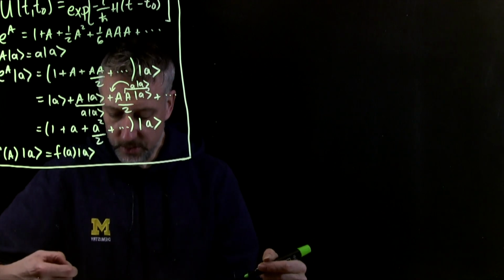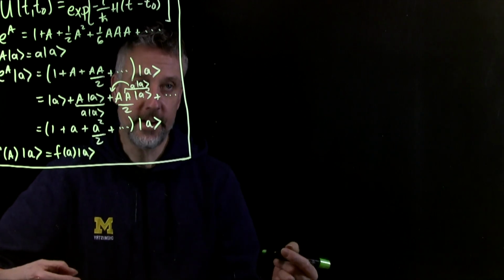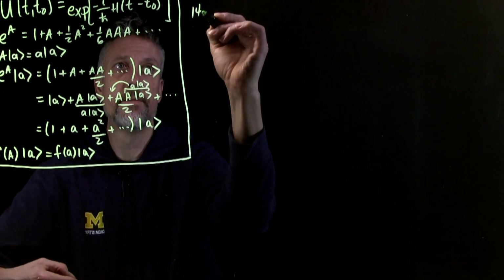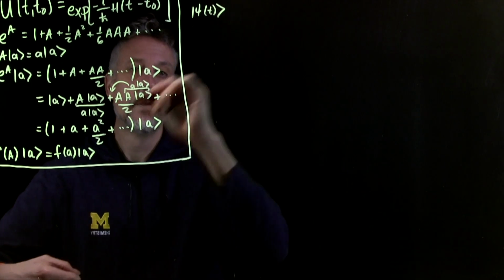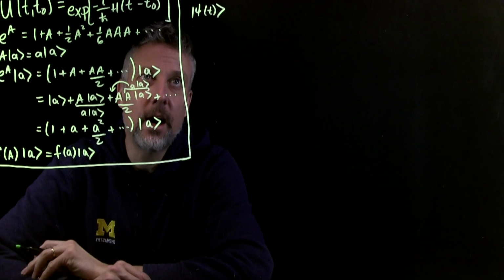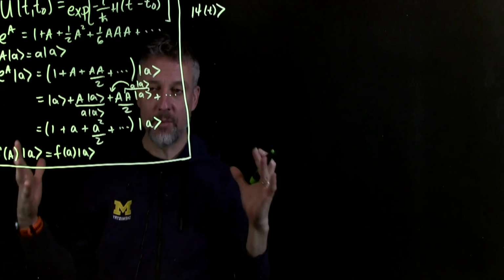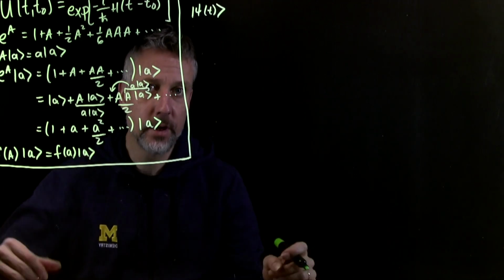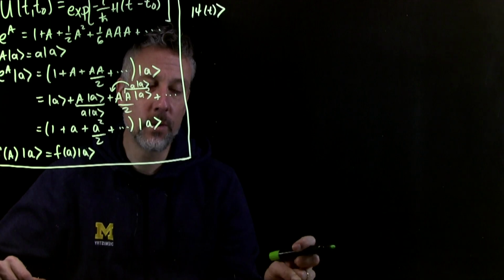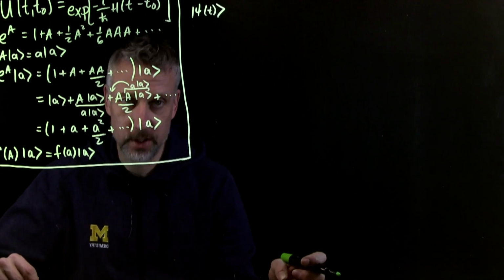Okay, so what we're going to do now is consider any state, psi of t, and ask about the expectation value of an operator as a function of time. This is a very natural thing to do. If operators correspond to things we can measure, then wouldn't you like to know what the expectation value is as a function of time?